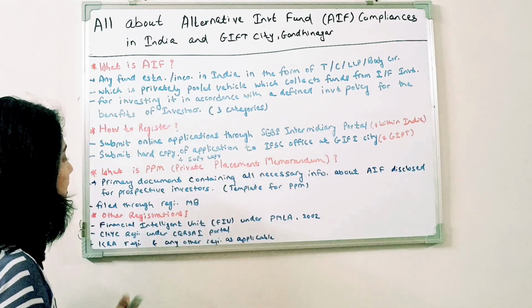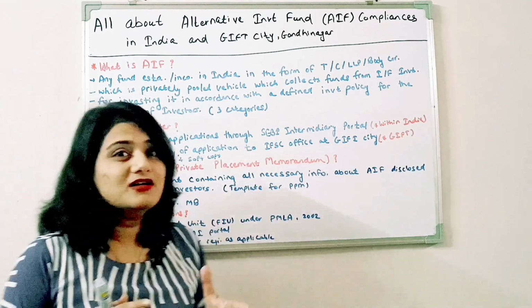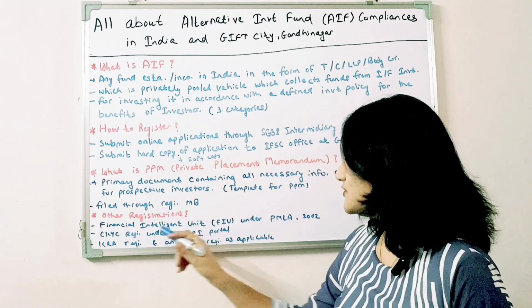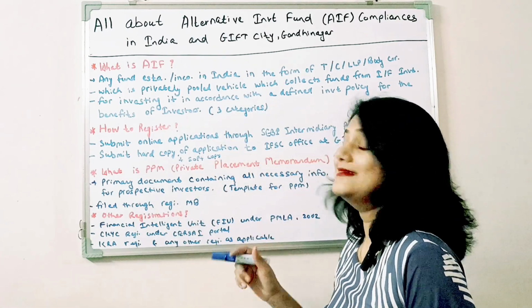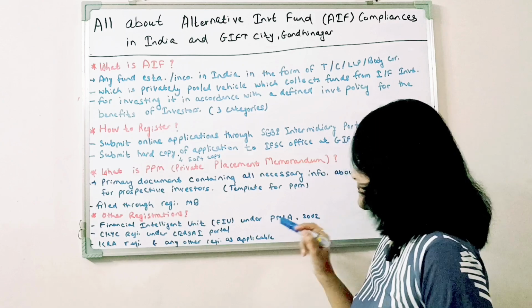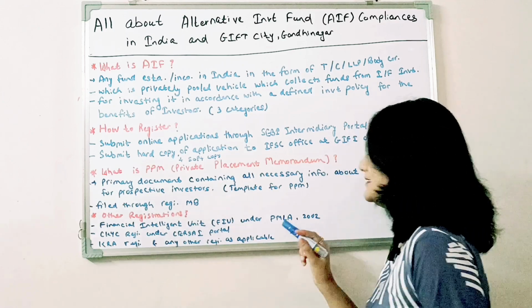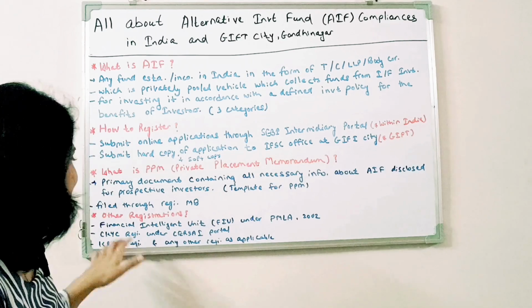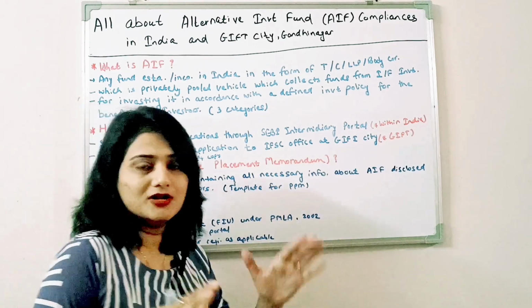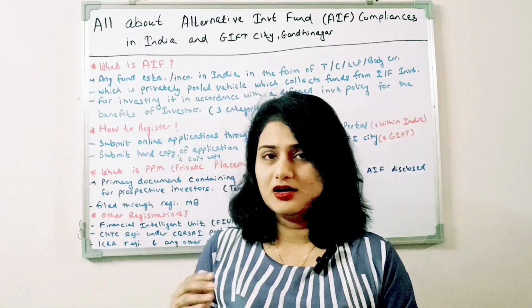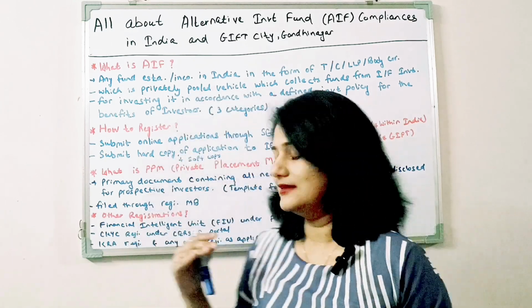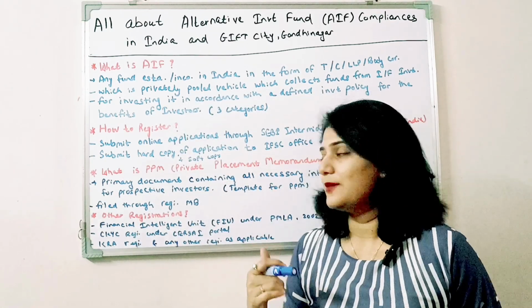Next, other registrations. Which other mandatory registrations should be done by the AIF? First, the Financial Intelligence Unit, that is FIU, under the PMLA, that is the Prevention of Money Laundering Act 2002. You have to get it registered. On its portal you can register online only, and through login credentials you will be able to fill in the details when applicable.